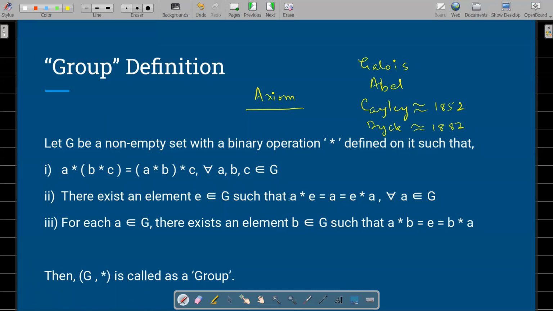So first property, I hope you must be knowing the names. This property is called associativity.